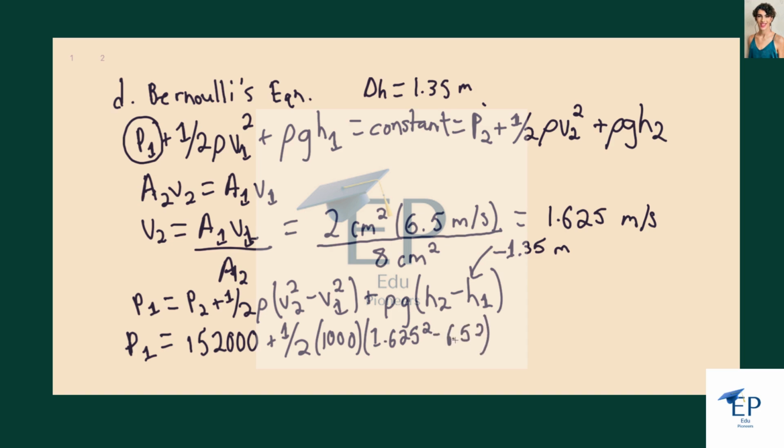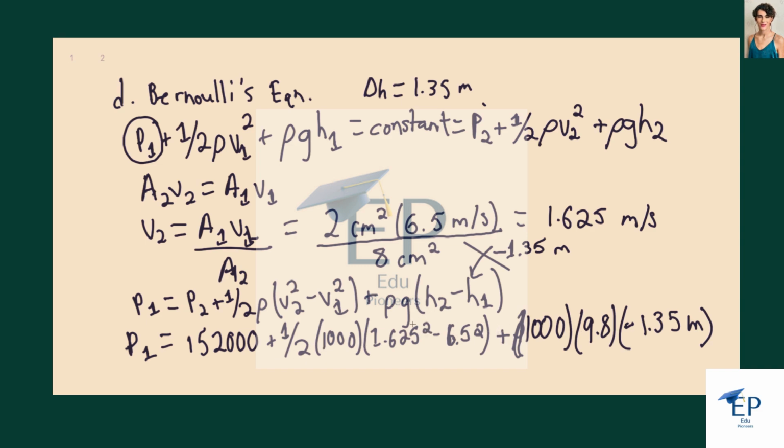So again, you can see here that this is going to result in a negative number. And then we have plus the 1,000 times the acceleration due to gravity. And then, of course, remember, it's going to be negative 1.35, I apologize, meters. So once we have this, we can simply substitute in.